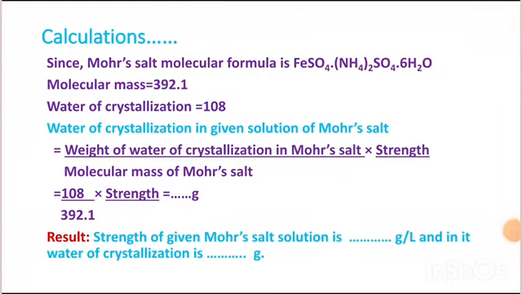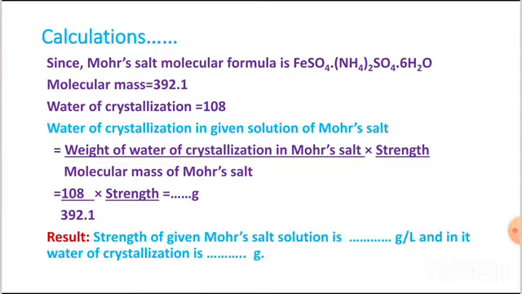The second calculation is water of crystallization in given solution of Mohr salt. We know that molecular mass of ferrous ammonium sulfate is 392.1, where water of crystallization is 108. So input these values into the given formula, that is weight of water of crystallization in Mohr salt multiplied by strength and divided by molecular mass of Mohr salt.